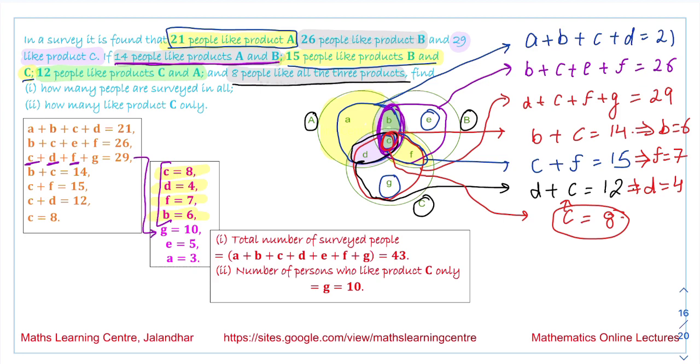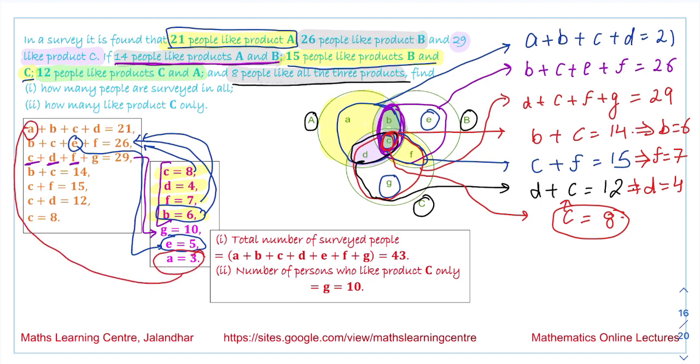Next, we substitute the value of B, which is 6, the value of C, and the value of F in this equation, and we obtain the value of E as 5. And finally, when we substitute all these values in the first equation, we get the answer for A, and the value comes out to be 3.